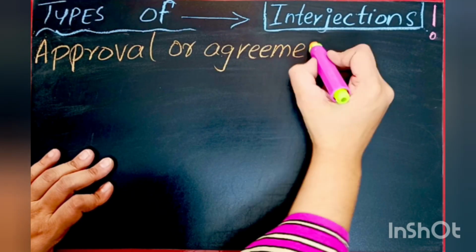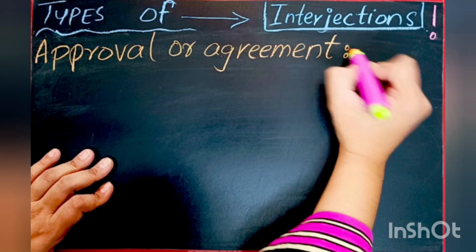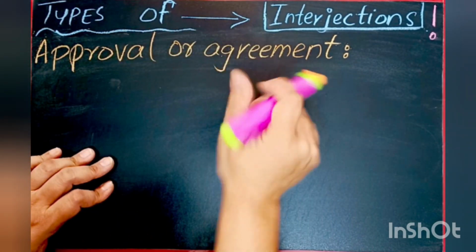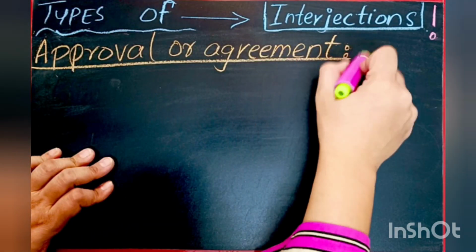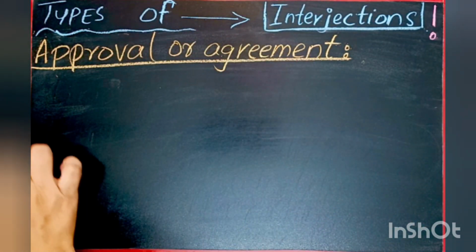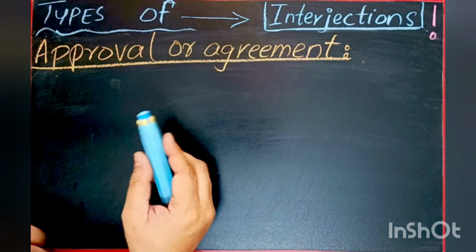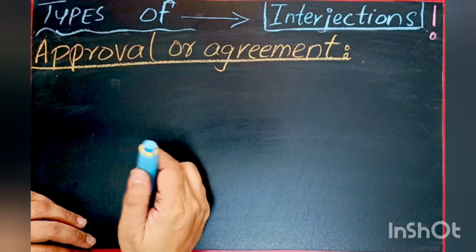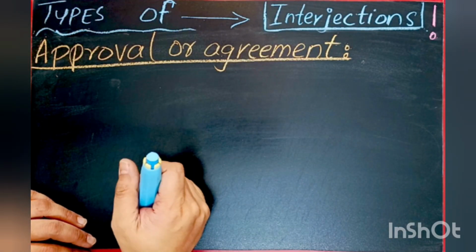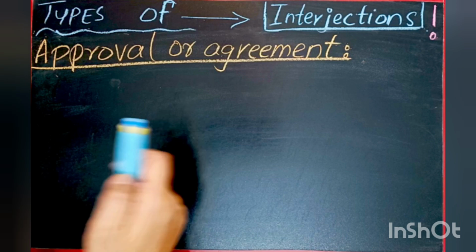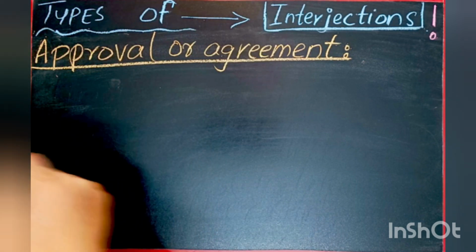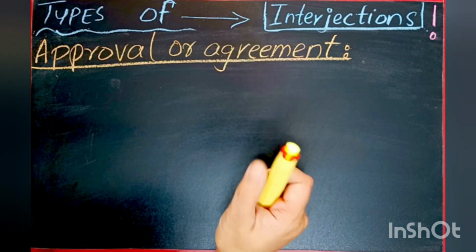There is one more type of interjections that shows us the approval or agreement of the speaker or the situation. Okay, so these are the words which are used to show the encouragement or approval of the situations.